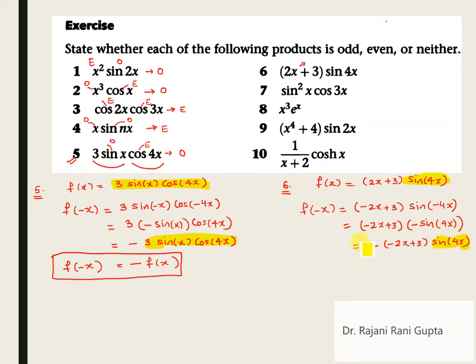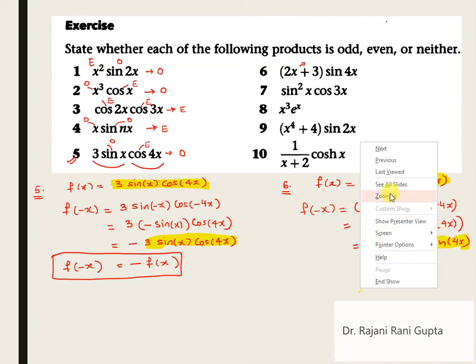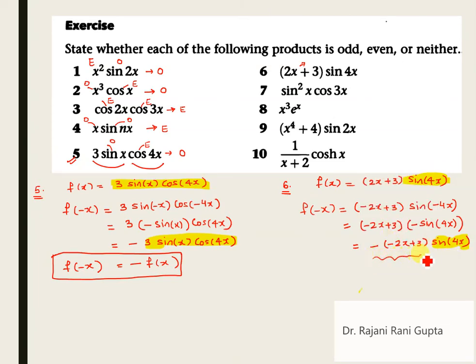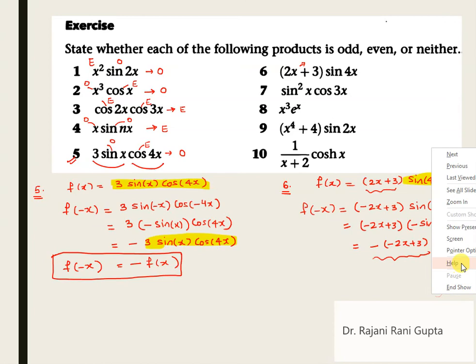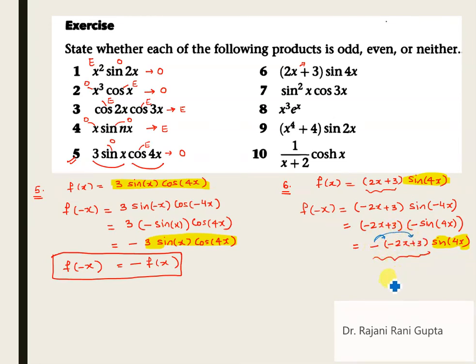But in the second one, if we look at this term, this is not same as this, neither the negative of this. Even if I multiply this minus sign inside, then what will happen? Minus minus become plus, so 2x minus 3, which is again different than this one.